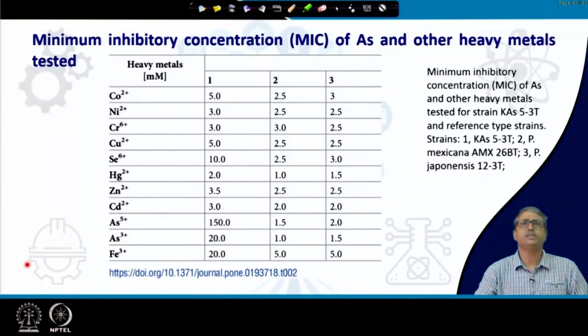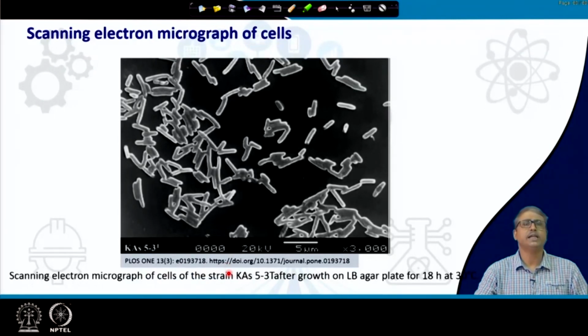Followed by this, since this is relevant to arsenic and maybe some other heavy metals, the test with respect to metal resistance is performed. Again, the reference strains are also put through the same test, and here is the scanning electron microscopy of the organism to see the morphology. You can see the cell morphology is very clear.